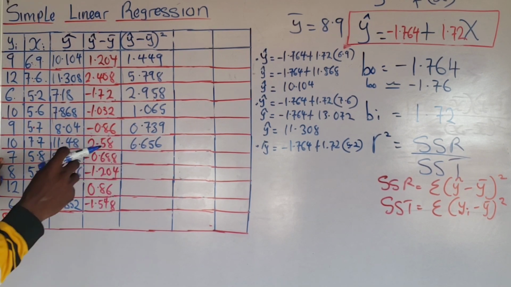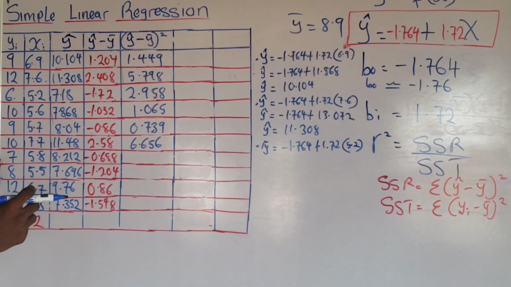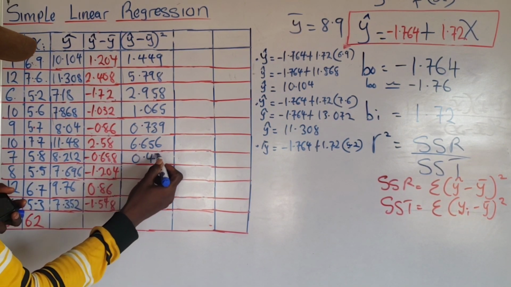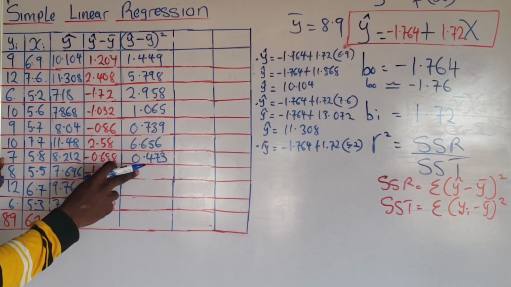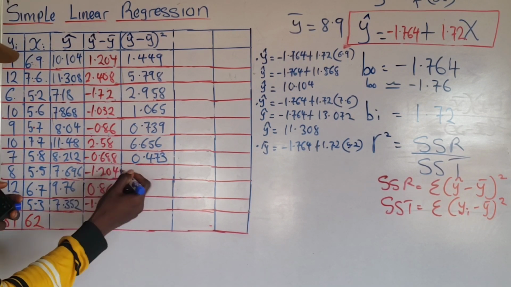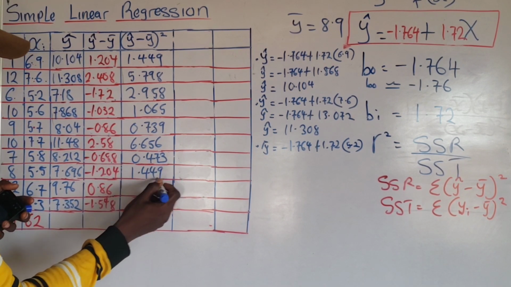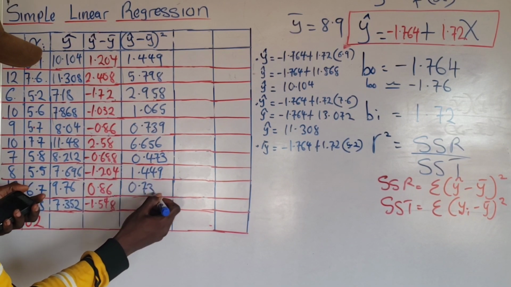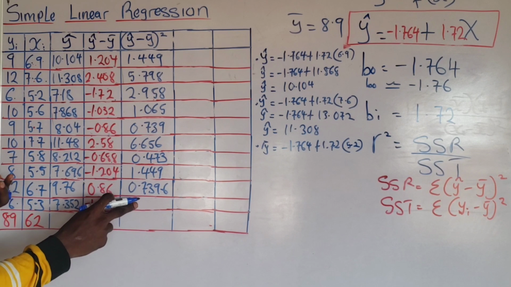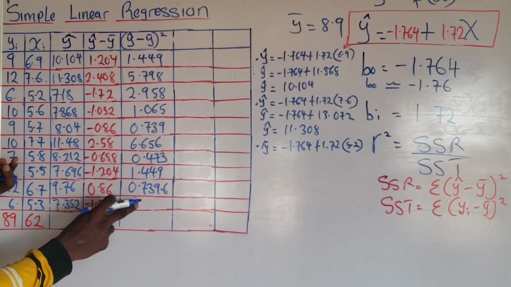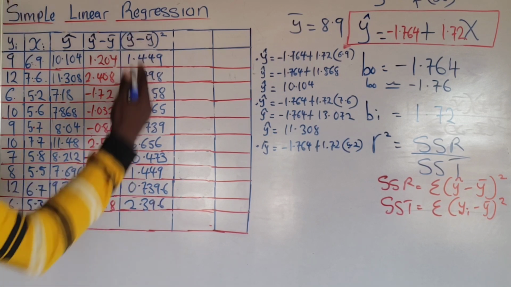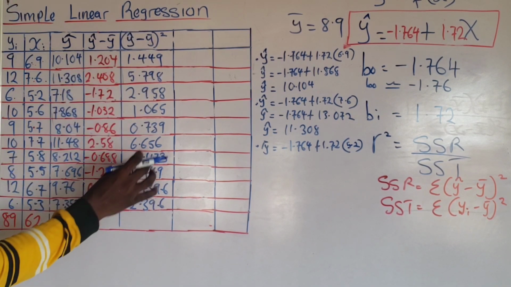And for this, negative 0.688 squared, that is 0.473. Negative 1.204 squared, that is 1.449. And 0.86 squared, that is 0.7396. Now the next one, negative 1.548 squared, that is 2.396. Okay, so having squared all these values, I got these values.